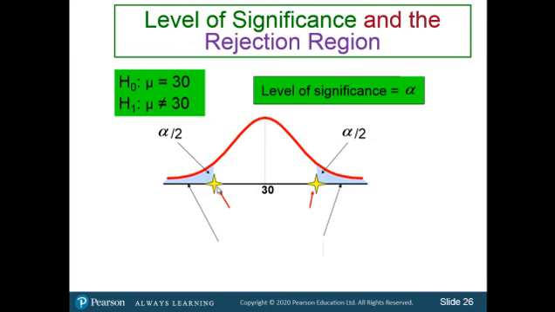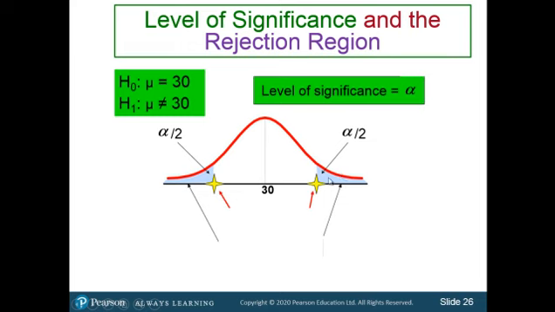How do we know we have two rejection areas? Because the alternate hypothesis uses the symbol not equal to. Whenever we use not equal to, that tells us we have two rejection areas. We call it a two-tail test, with one rejection area to the left and one to the right.